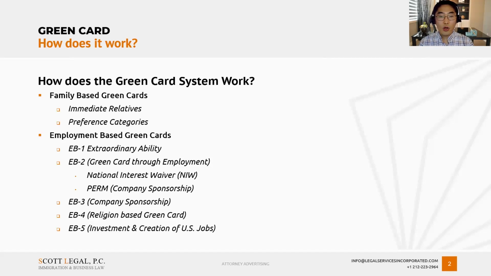EB1 is generally known as the extraordinary ability case. EB2 has two subcategories. One is the national interest waiver and the other is the PERM case. The PERM case is where the application process goes through the Department of Labor first before you submit the application to USCIS.